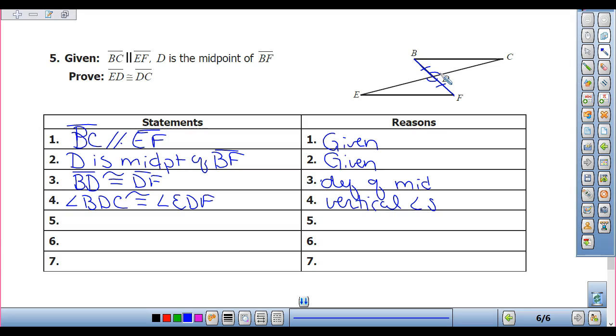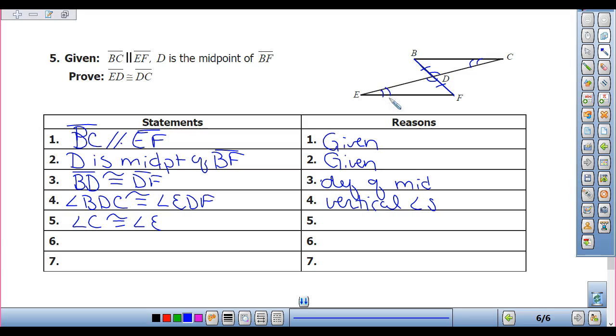Okay, so they're parallel, so what does that tell me? Alternate interior angles, so let's pick one of my alternate interior angles: angle C is going to be congruent to angle E.